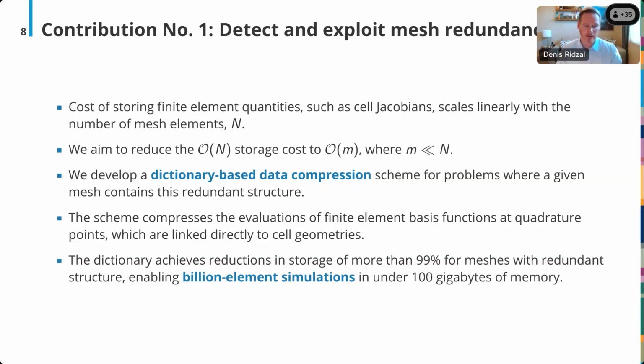And as I will show, this dictionary can achieve reductions in storage of more than 99% in key computational kernels. And this enabled us recently to run billion element simulations in under 100 gigabytes of memory. So you can take a high-powered laptop and run billions of elements. It takes a little while, but sometimes people don't care. They can run the simulations for a week or so.